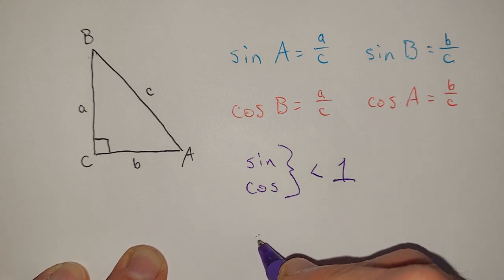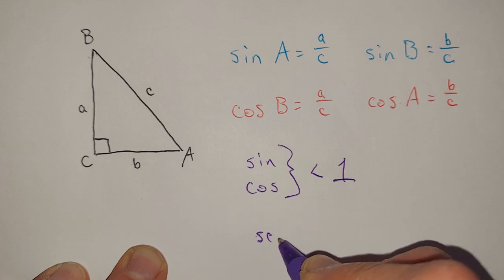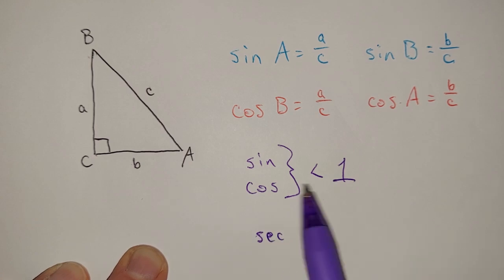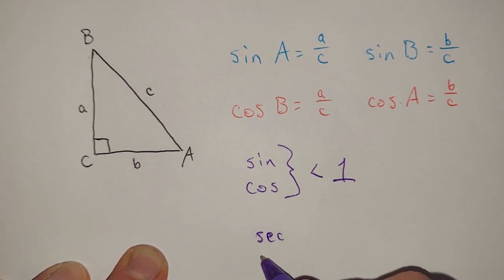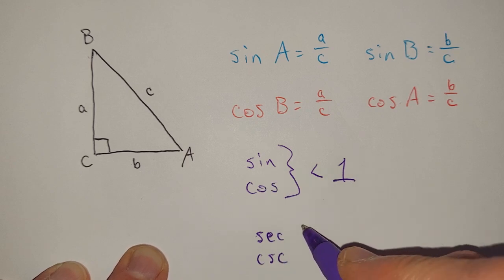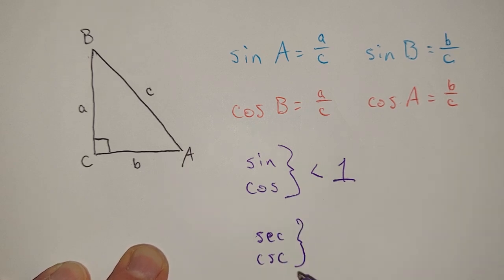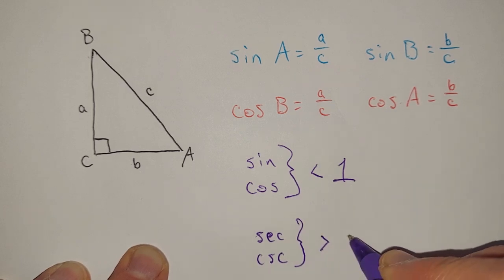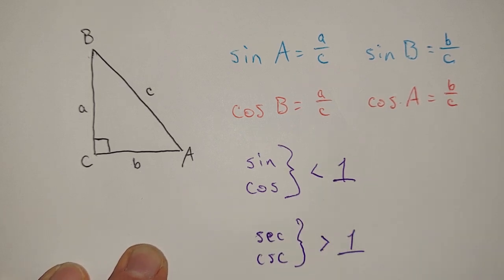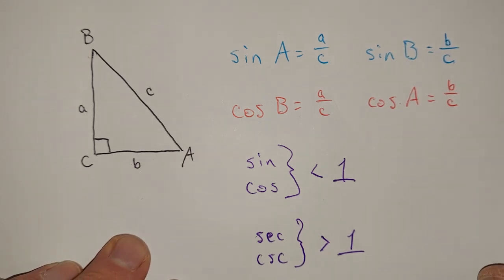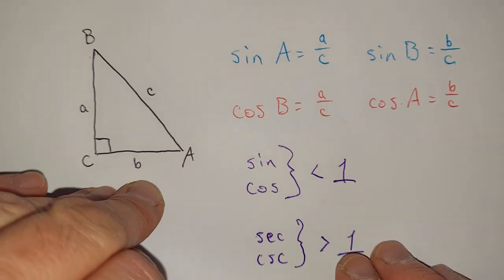This also means that the secant, which is the inverse of cosine, and the cosecant, which is the inverse of sine, will have the hypotenuse in the numerator, and they will always be greater than 1. Keep this in mind. It will help you a lot.